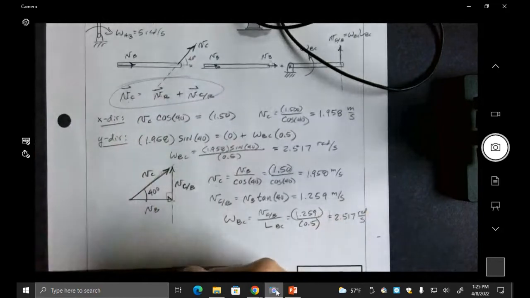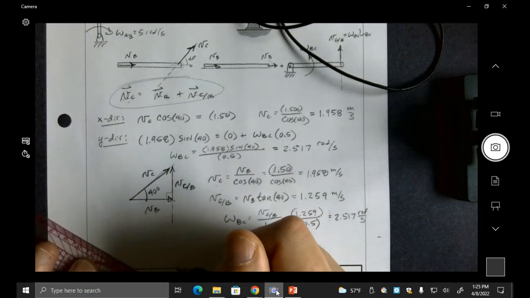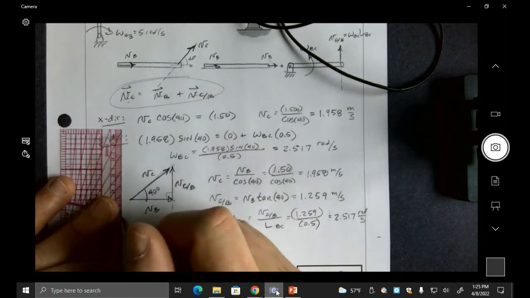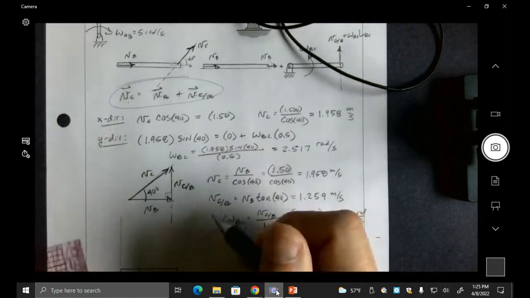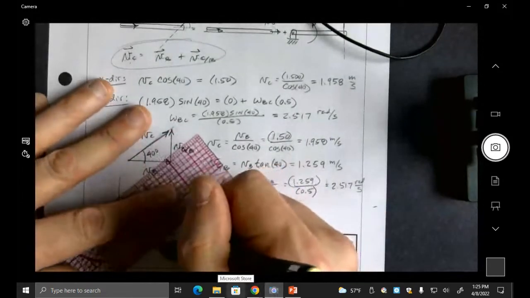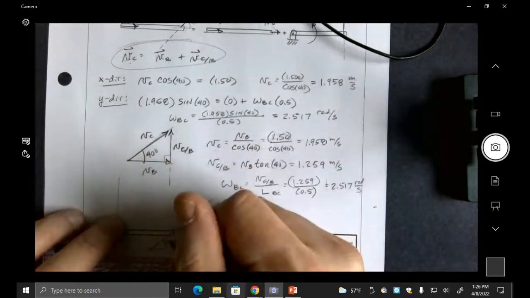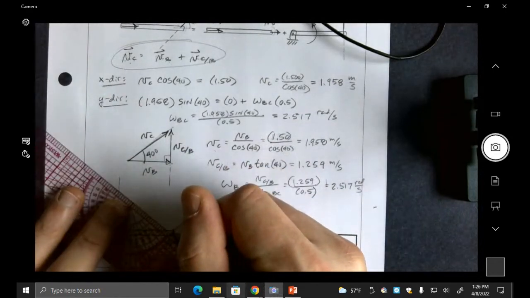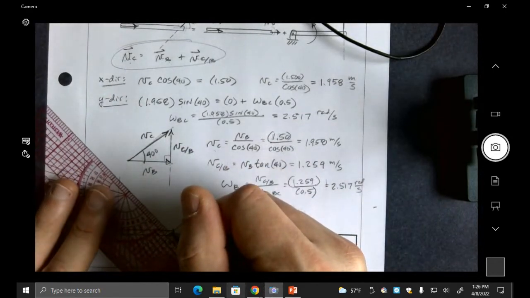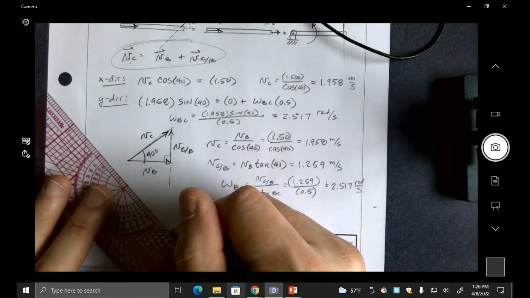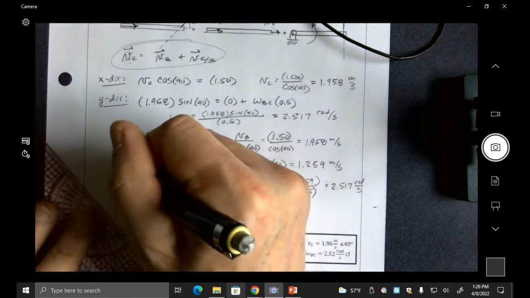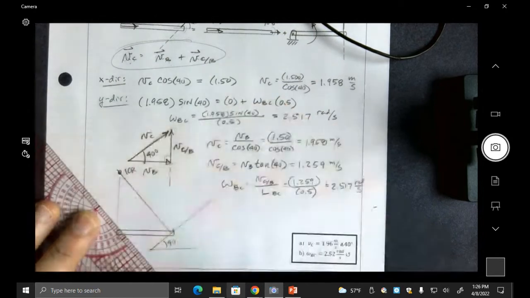So all we're left with is double checking our angles on things. We knew we had an angle that was like that right there, which was 40 degrees. I'm just reminding ourselves. So we had something that was perpendicular to it right there for our ICR.